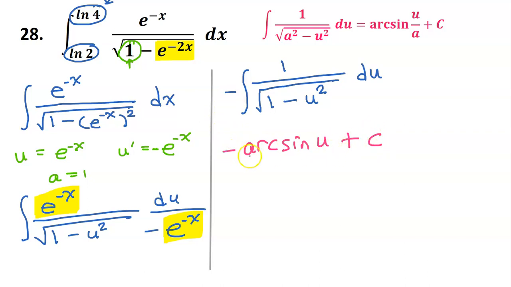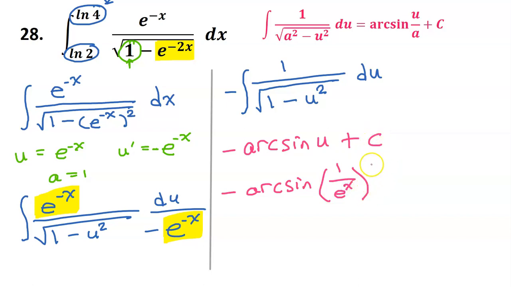Now let's go ahead and substitute e to the negative x power back in for u. So I will have negative arcsine. You know what? Instead of putting e to the negative x power, I'm sure you won't mind if I go ahead and put 1 over e to the x power.